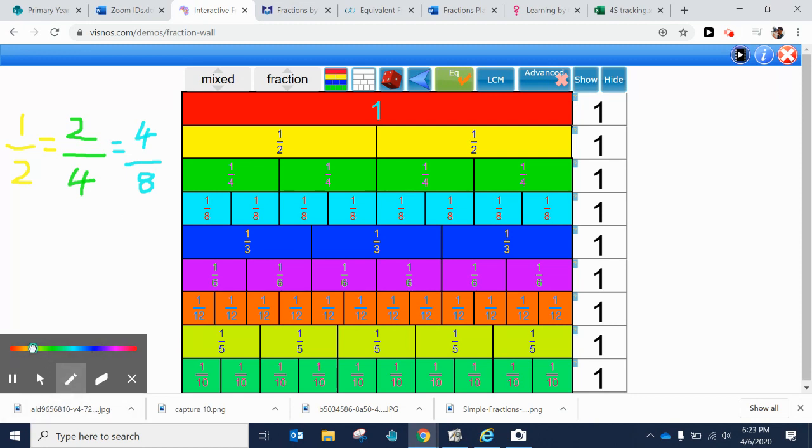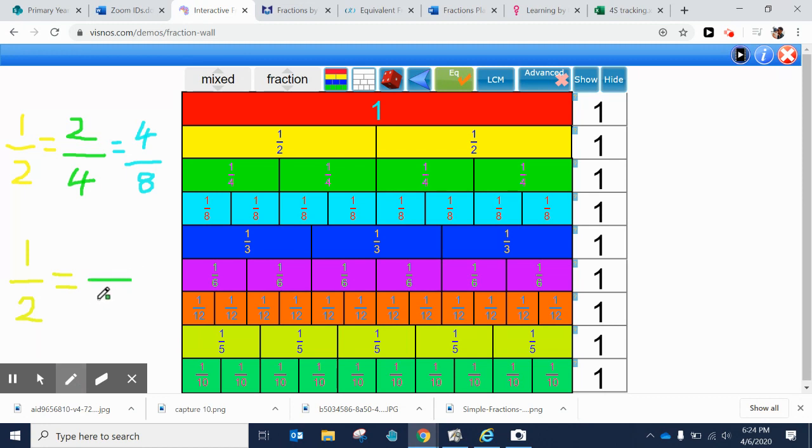Get my yellow. Now, I'm going to pick any multiple of 2. Because my denominator here is 2, I'm going to pick another multiple of 2. I'm going to pick the 10 in green.